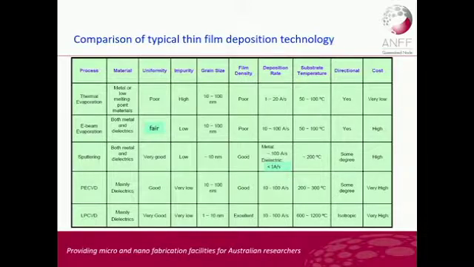Thermal evaporation is usually for metals with low melting point. E-beam evaporation fits both metals and some dielectric materials. Sputtering can do anything. PECVD is usually for dielectrics, and LPCVD is usually for silicon-based dielectrics.